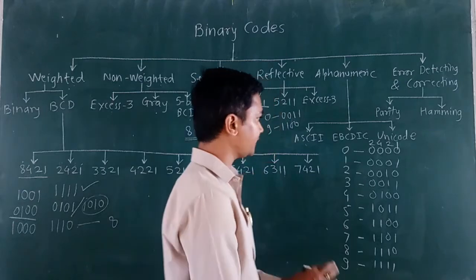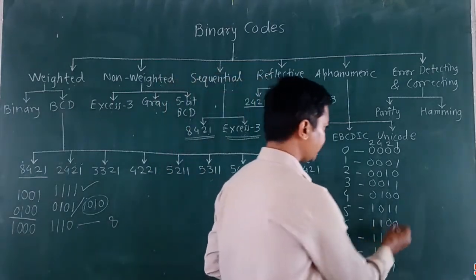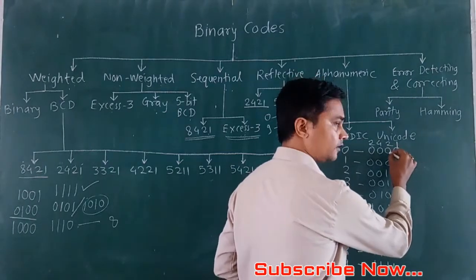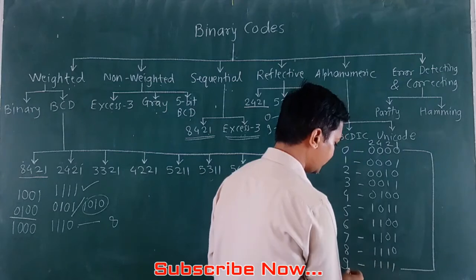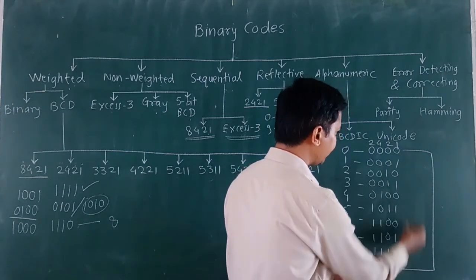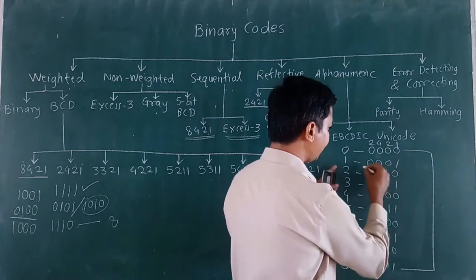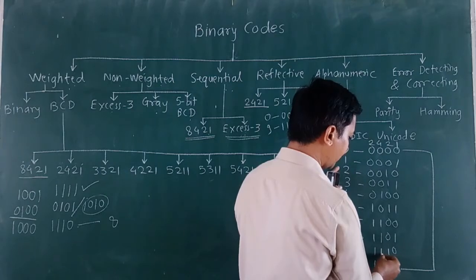Now why is it called reflective? Reflective means if you take the ones complement of the first value, you will get the ninth value. The complement of 0 0 0 0 is 1 1 1 1. If you take the complement of 0 0 0 1, you will get 1 1 1 0.